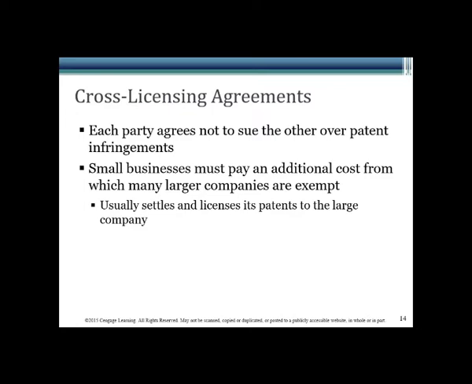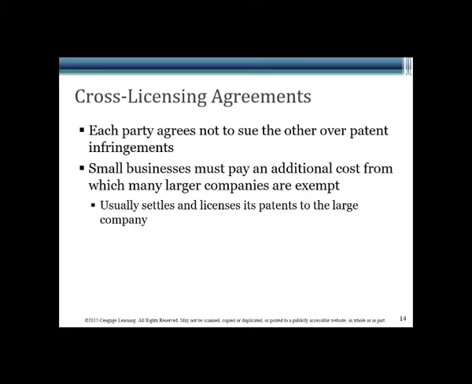Major IT firms usually have little interest in cross-licensing with smaller firms. As a result, small businesses must pay an additional cost from which many larger companies are exempt. Furthermore, small businesses are generally unsuccessful in enforcing their patents against larger companies.